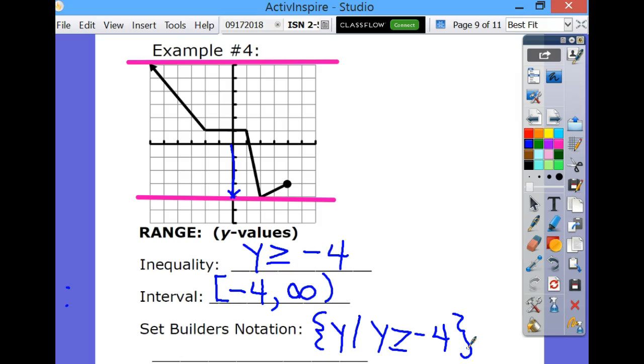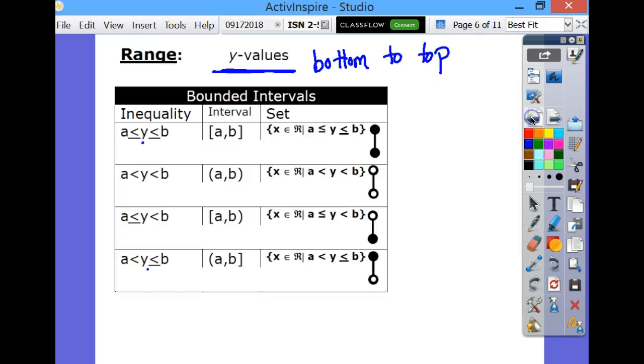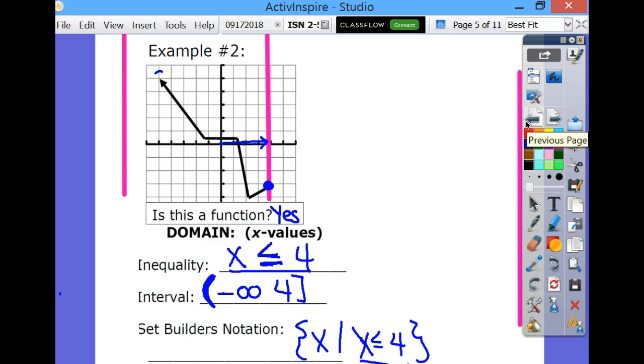I thought we said on example number 2, you see that this is the same graph as example number 2? I thought we said on example number 2 it was negative infinity. And this is positive infinity. How can this be negative infinity on example number 2 and positive infinity on example number 4?